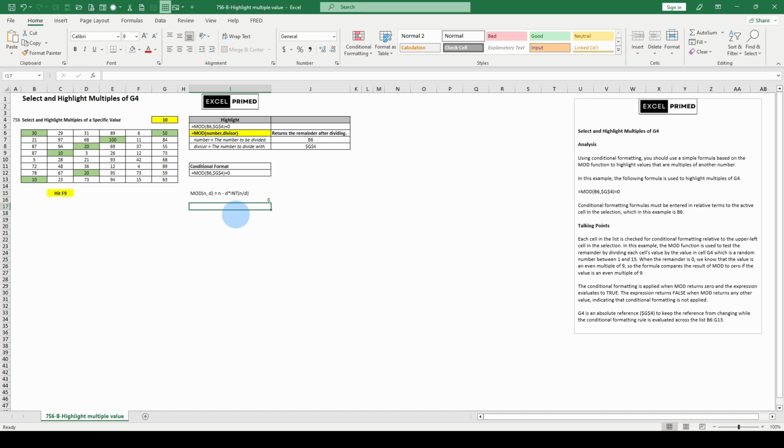It's 3. We want a whole number, an even multiple. 30 divided by 10 is 3. 29 divided by 10 is not an integer. It's a decimal. 10 divided by 10 is 1.